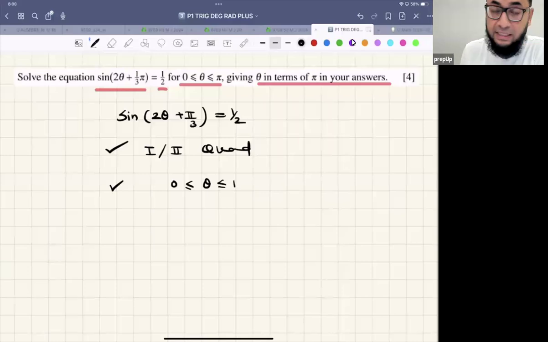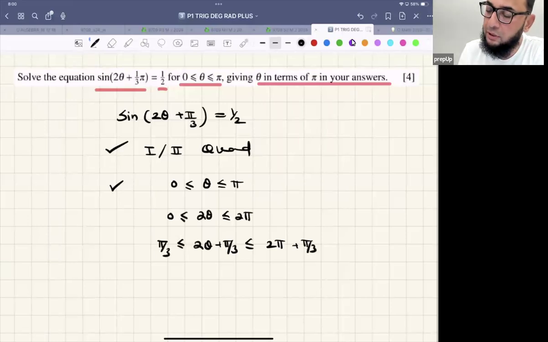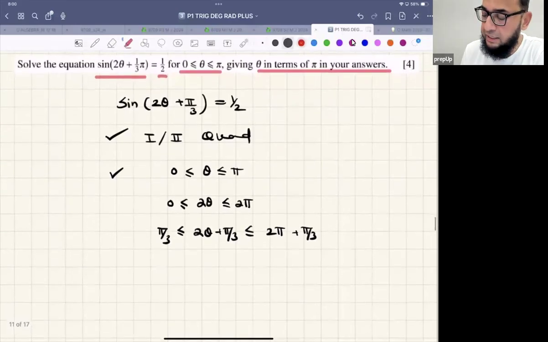So that's half a revolution. 2 theta lies between 0 and 2 pi. That's a full revolution. 2 theta plus pi by 3, that is 2 pi plus pi by 3, and this is pi by 3. That is the modified range. So let me just highlight it over here. So that is the modified range that we will check.